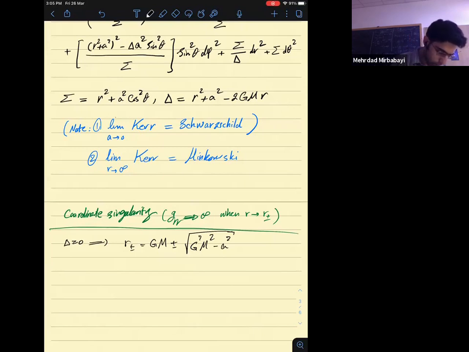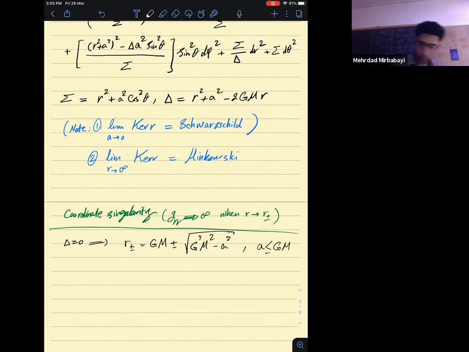Beyond that, these solutions become complex, and there will be an actual physical singularity at the point that I'm now going to call the horizon. So actually a has to be less than or equal to GM.